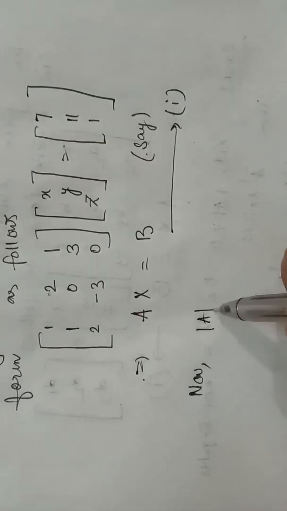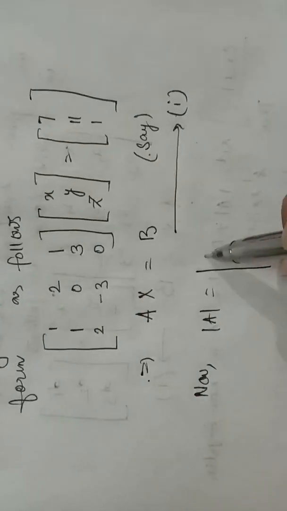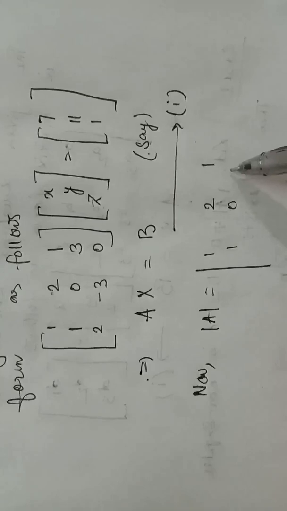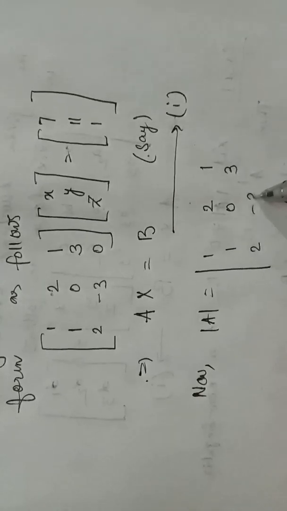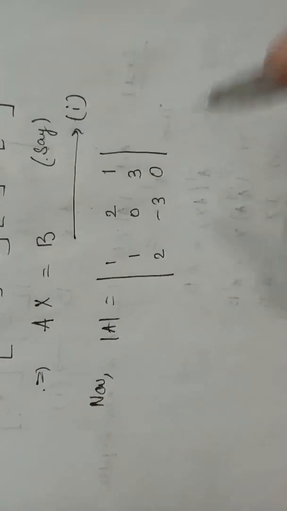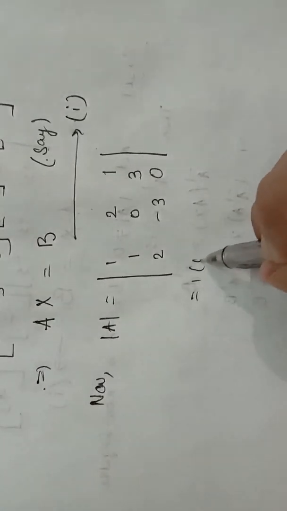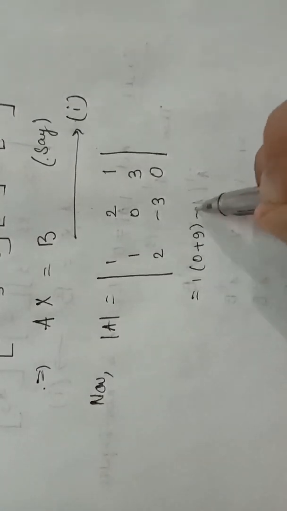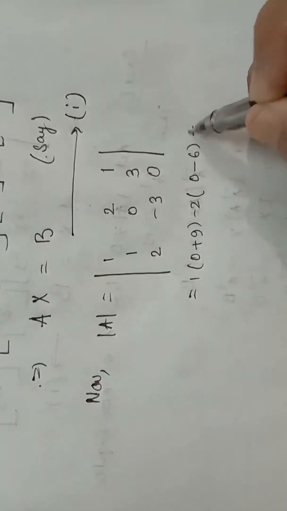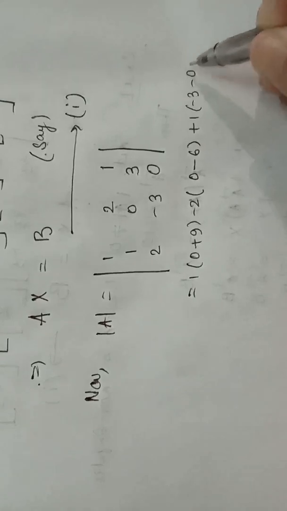Now det A equals the determinant of 1, 2, 1, 1, 0, 3, 2, minus 3, 0. Its value will be 1 into 0 plus 9, minus 2 into 0 minus 6, plus 1 into minus 3 minus 0.